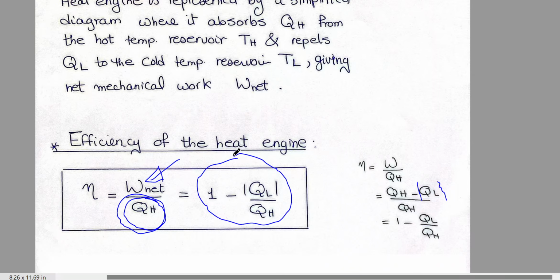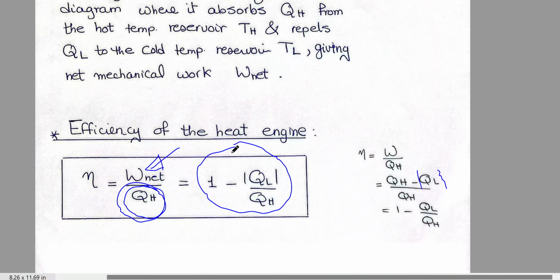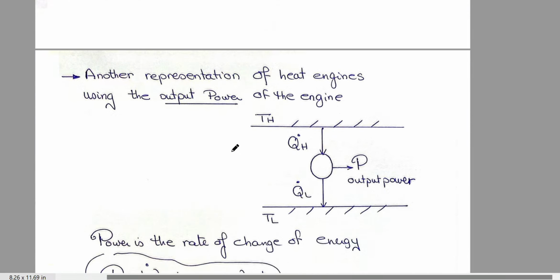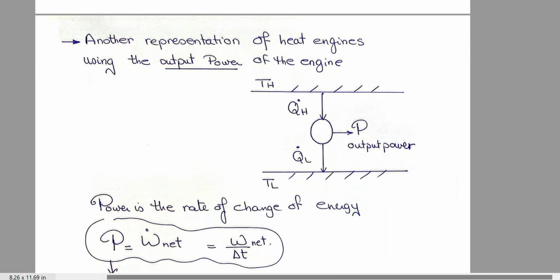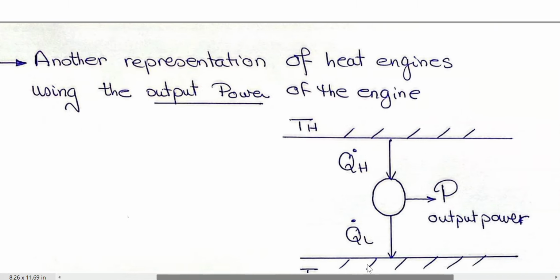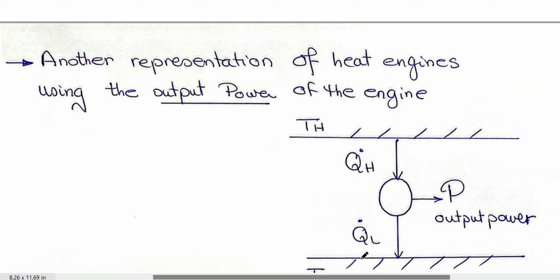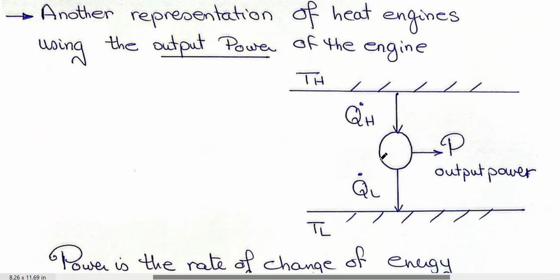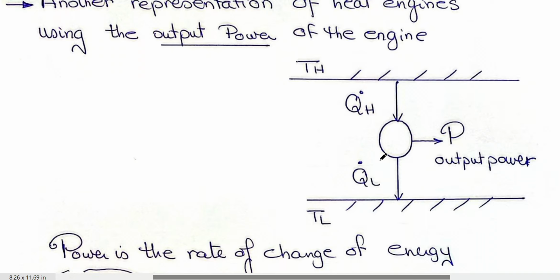We have another representation of the engine using the output power. It is very common to talk about the engine with the output power. What is the power? The power is the rate of change of energy. So if the problem is talking about power, we define the power as the rate of change of energy.